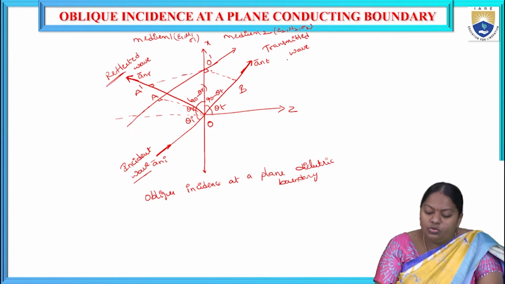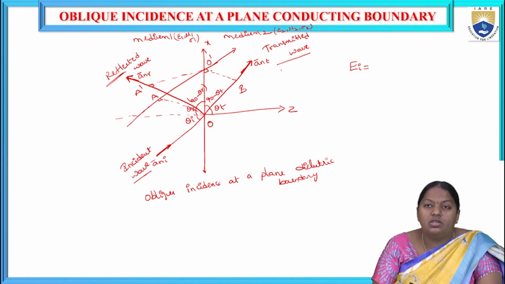In medium 2 there exists only one transmitted wave. So when the incident wave strikes the boundary, part of it is transmitted to the next medium and part is reflected back to the same medium.